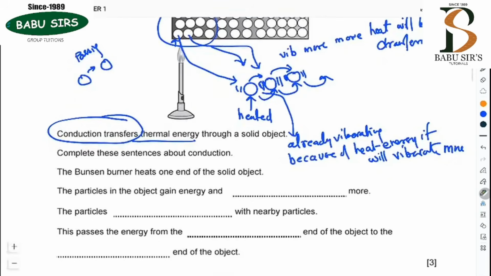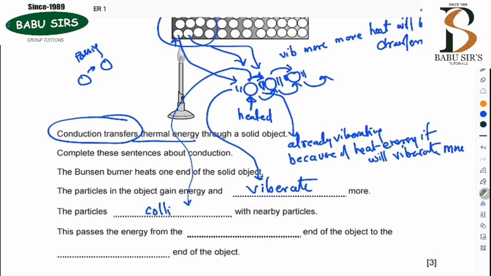Now we'll see the questions. The particles of an object gain energy, and now you can see here, it will gain energy, and what will happen? It will vibrate more. These particles, now what will they do? This one will collide with the next one. So you can see here, it will collide with the nearby particles.